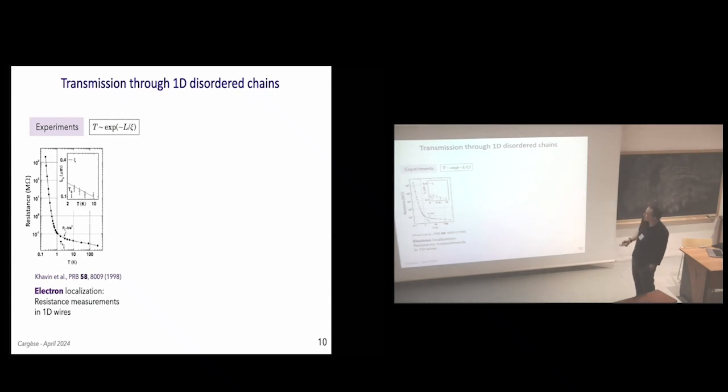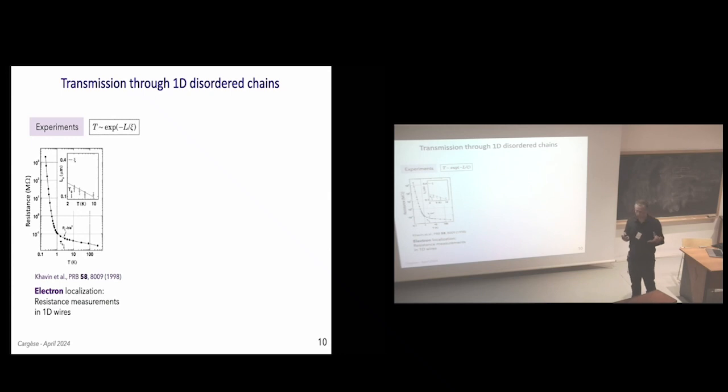Here you see resistance measurements in disordered wires as a function of temperature. At high temperature, the electrons are coupled to the lattice vibrations of the crystal, the phonons, and so the electron coherence is very poor.